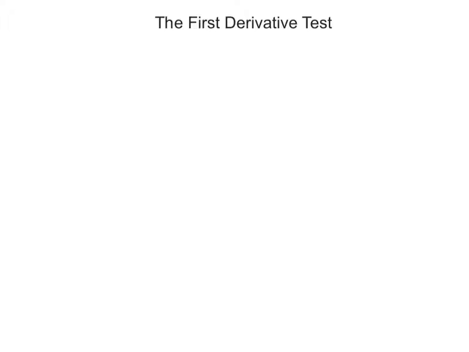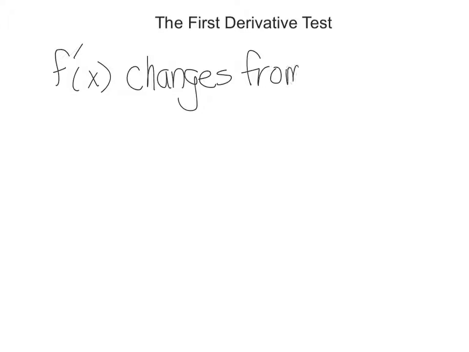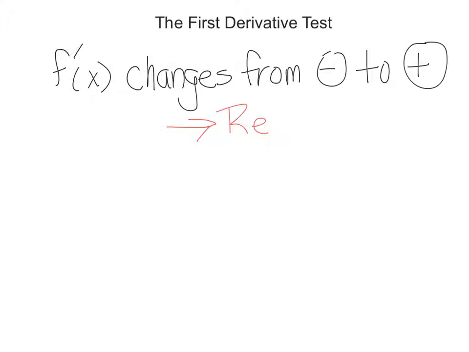if the function's derivative changes from negative to positive, then this is a relative, I'm going to say big arrow, relative minimum.